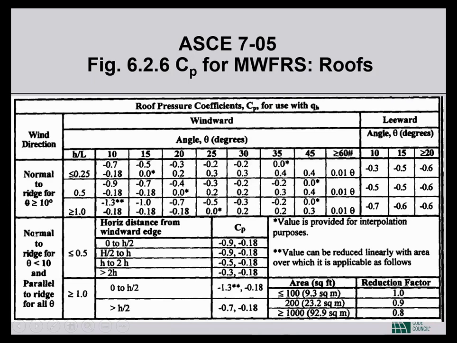This is wind normal to the ridge for flatter roofs and parallel to the ridge for all roofs. Okay, so this is wind normal to the ridge for the steeper roofs. This is wind normal to the ridge for the flatter roofs, and wind parallel to the ridge for all roof angles.